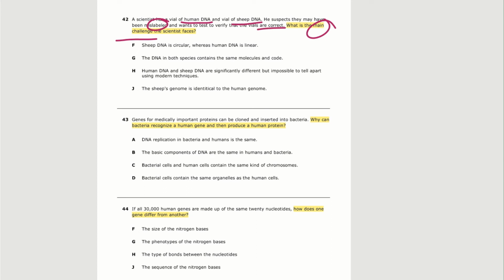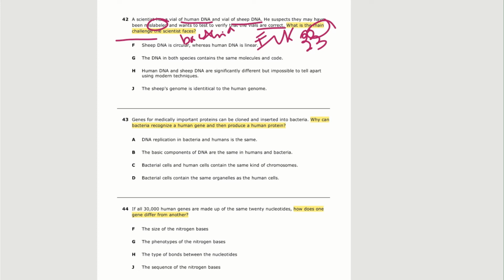DNA. Sheep DNA is circular, whereas human DNA is linear. A sheep is a eukaryotic cell. And most eukaryotic cells have DNA like lines. Circular DNA is in bacteria or prokaryotes. So the sheep are closer to us than bacteria, guys. So that's not your answer.